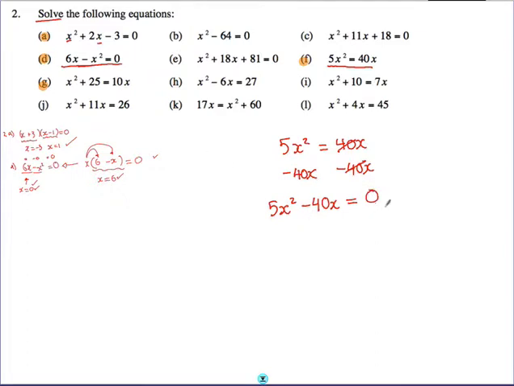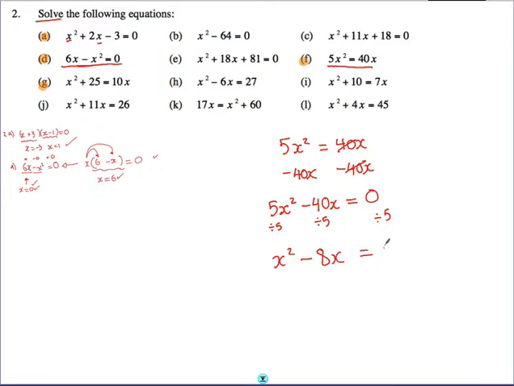Now, because we've got it equal to 0, I'm going to divide everything by 5. So divide the left hand side by 5 and divide the right hand side by 5. Every single term needs to be divided by 5. So 5x squared divided by 5 is just x squared. Minus 40x divided by 5 is minus 8x.